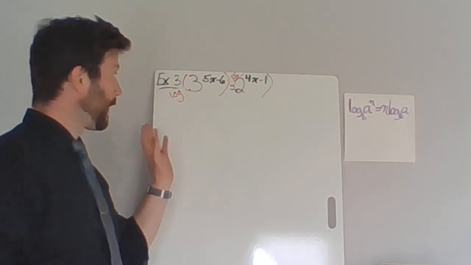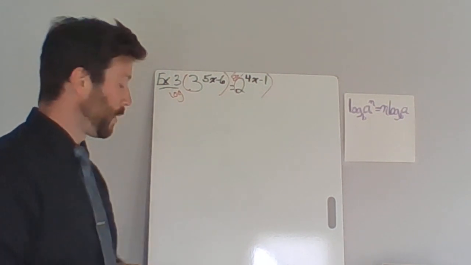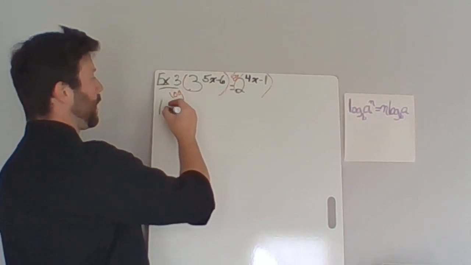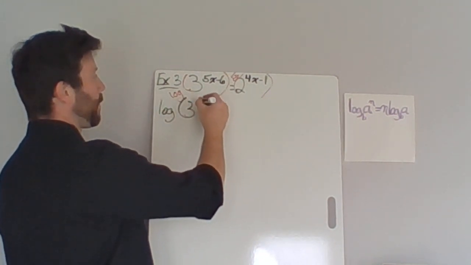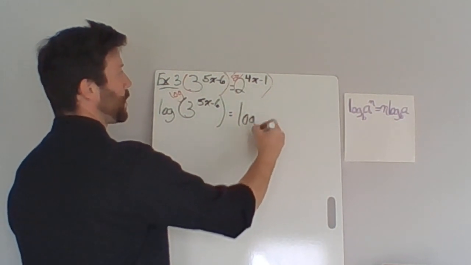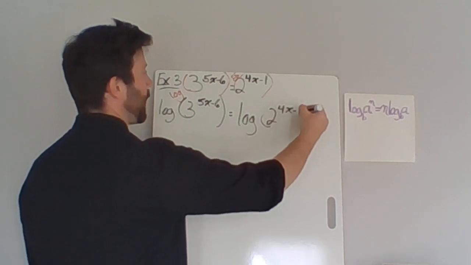We take the log of the left side, take the log of the right side, and that's going to allow us some mobility with those x's. So now we have the log of 3 to the 5x minus 6 equals the log of 2 to the 4x minus 1.